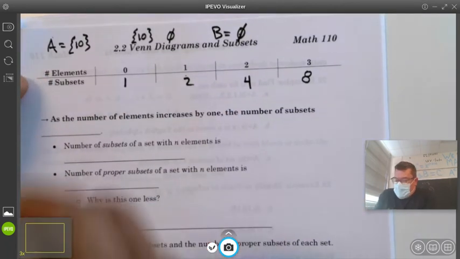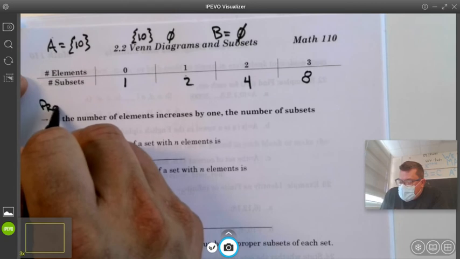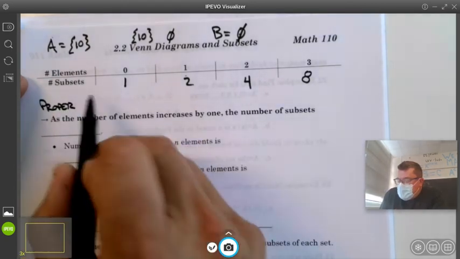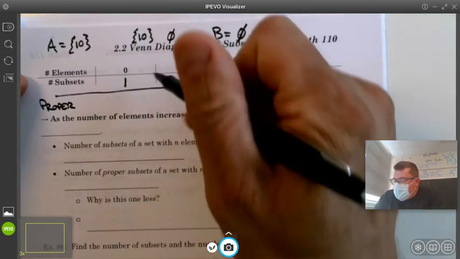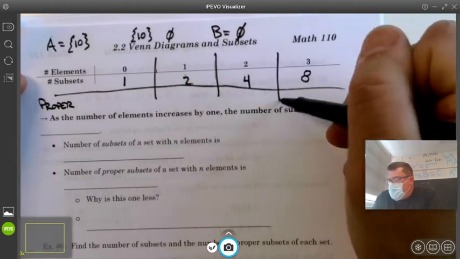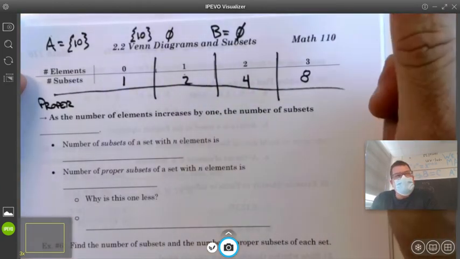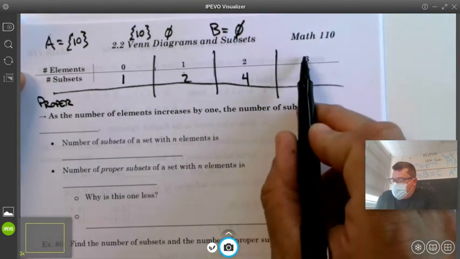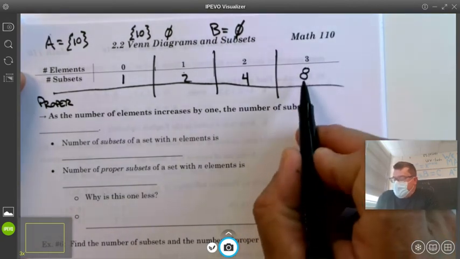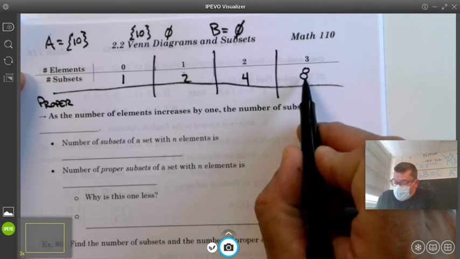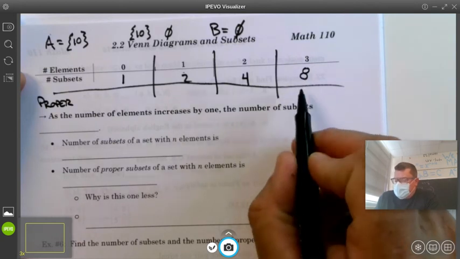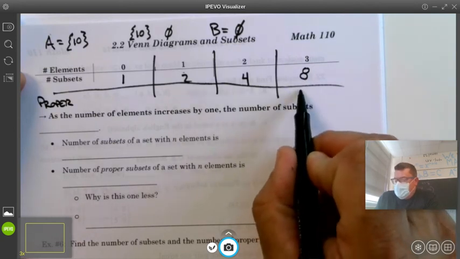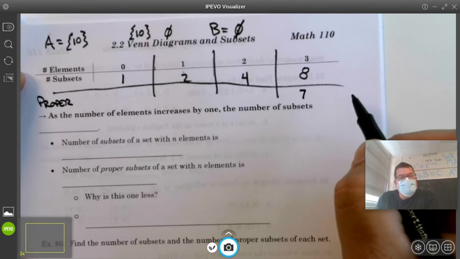Okay. Now let's talk about proper subsets. A proper subset is any subset other than itself. So how many proper subsets? If there are 8 regular subsets, how many proper subsets can there be? 1 less than that.